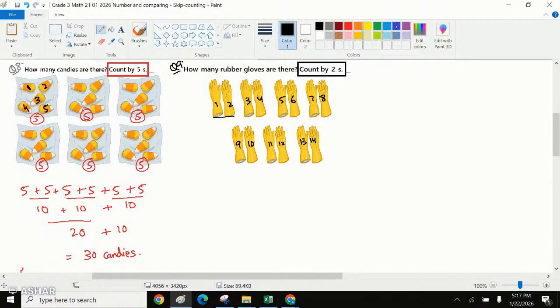How are we counting? We say that this is the 2 in this pair, because we need to do the counts by twos. So we say there are 2 over here, 2 over here, and 2 over here. So 2 is added how many times? 7 times. 4, 5, 6, and 7.